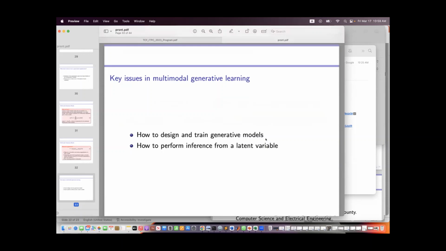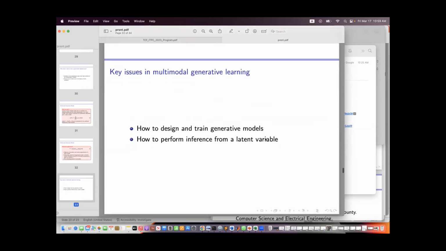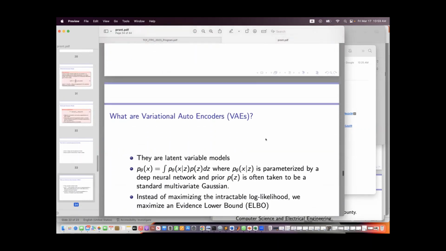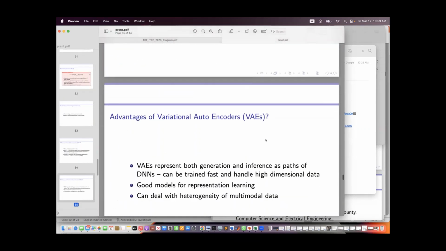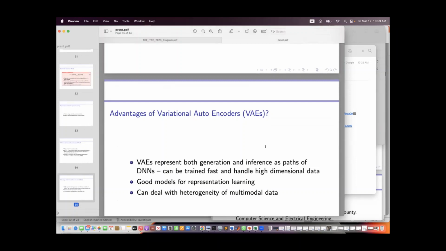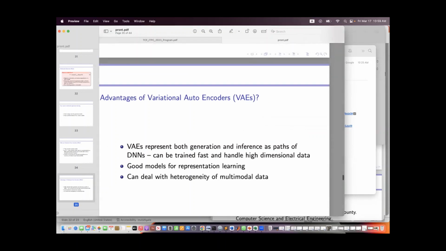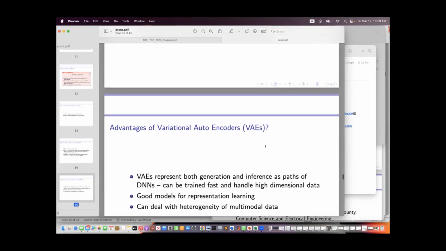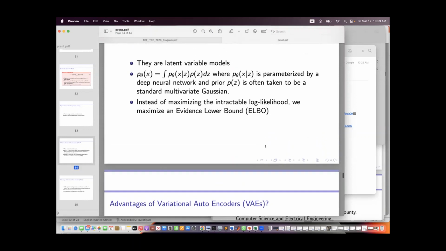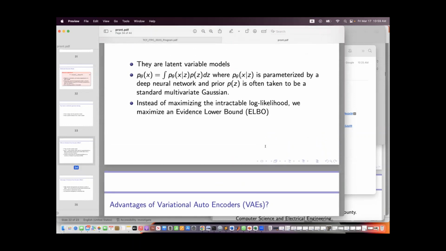Some of the things we are concerned with are the design and training of these generative models, and of course, being able to do inference from this latent variable space. In the interest of time, which I know I have run over, since I started very late as well, I'll just tell you a little bit about variational autoencoders, which I was planning to do.